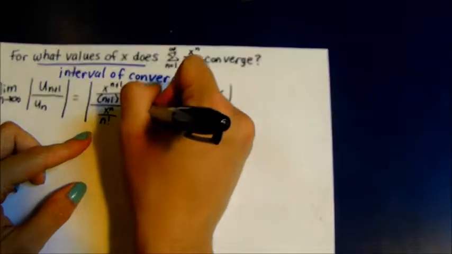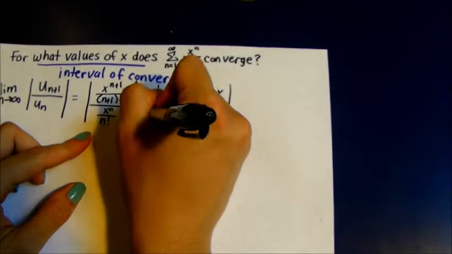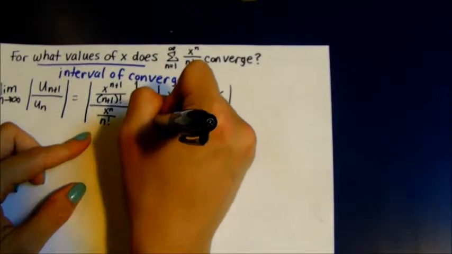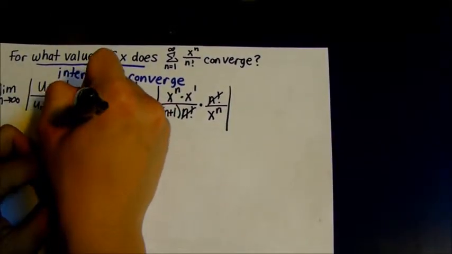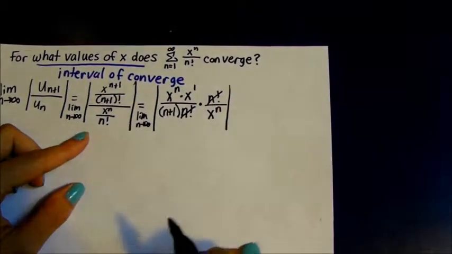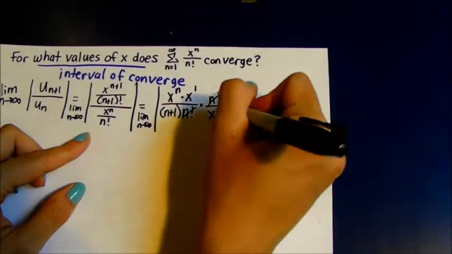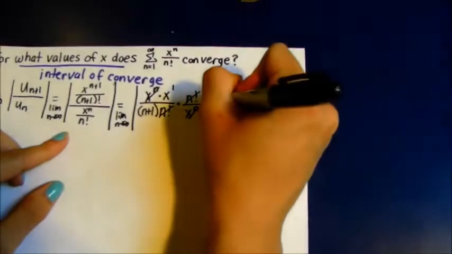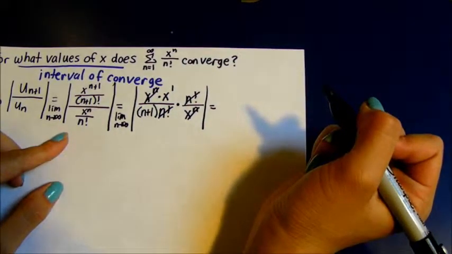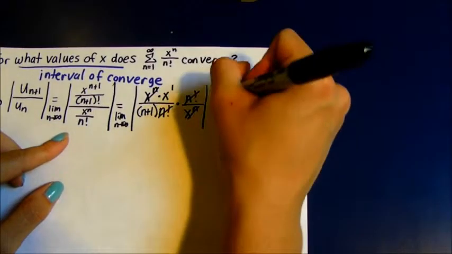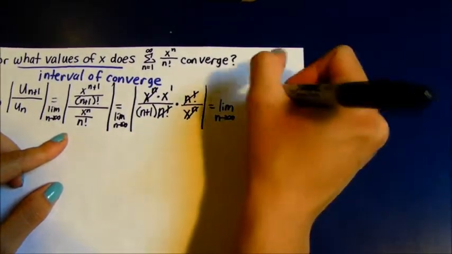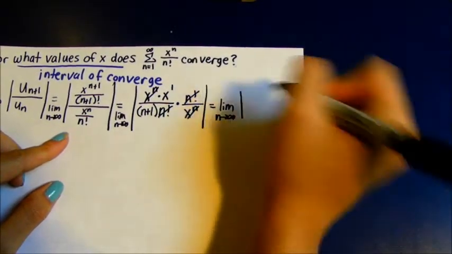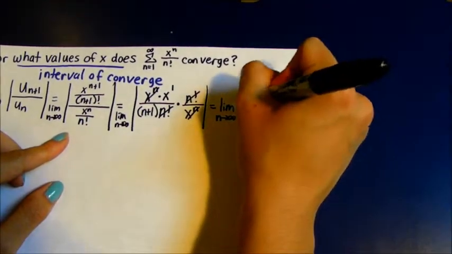And don't forget, this is still the limit as n goes towards infinity. And here your x to the n terms cross out. So what you're left with is the limit as n goes towards infinity of the absolute value of x over n plus 1.